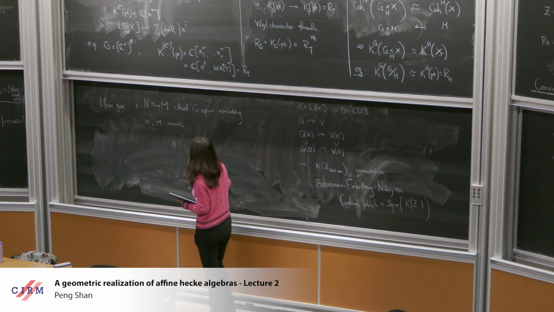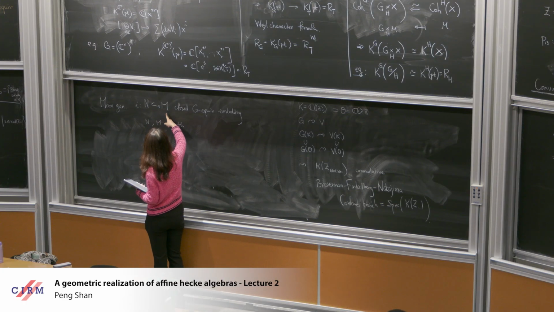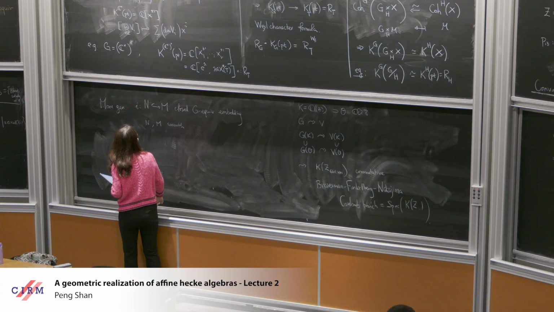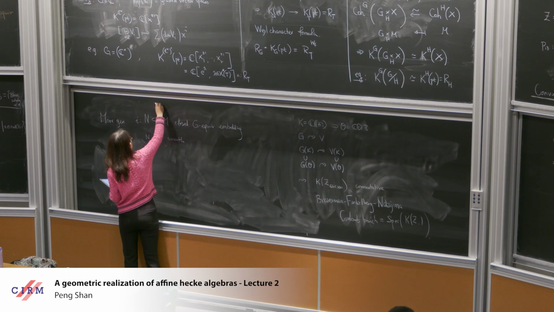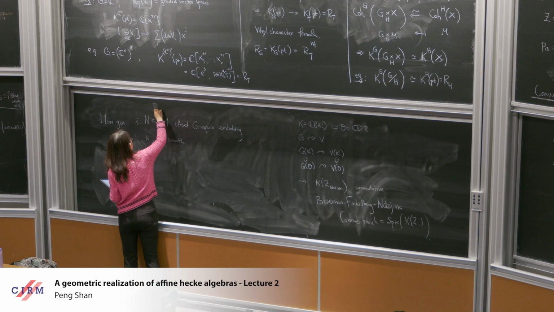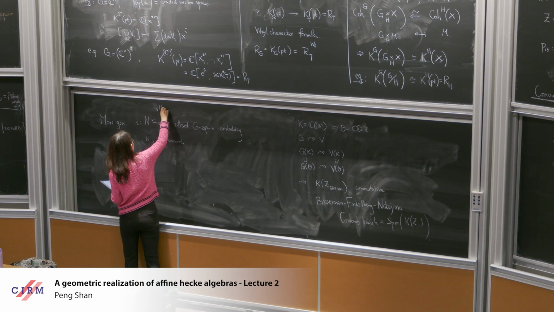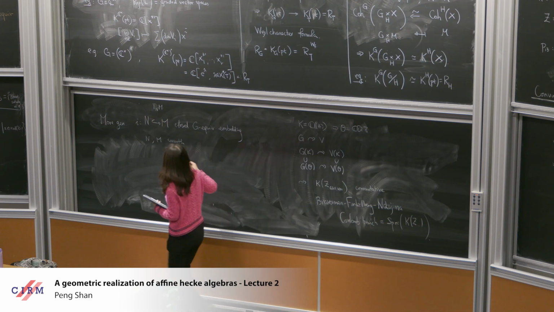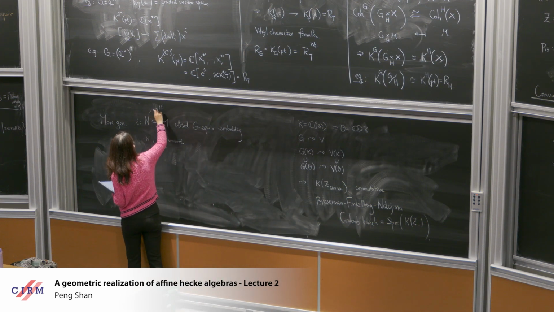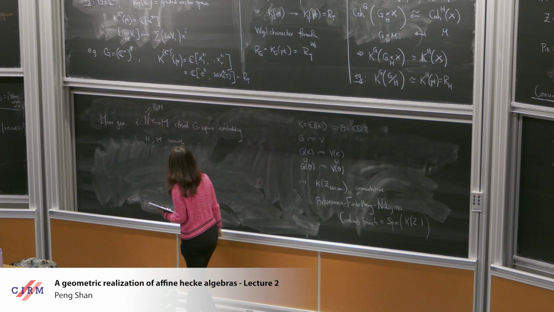Then you could imagine around the neighborhood of N in M, this map looks like you take the normal directions to N, and then you have a vector bundle like this, and then N is like a zero section of this bundle.